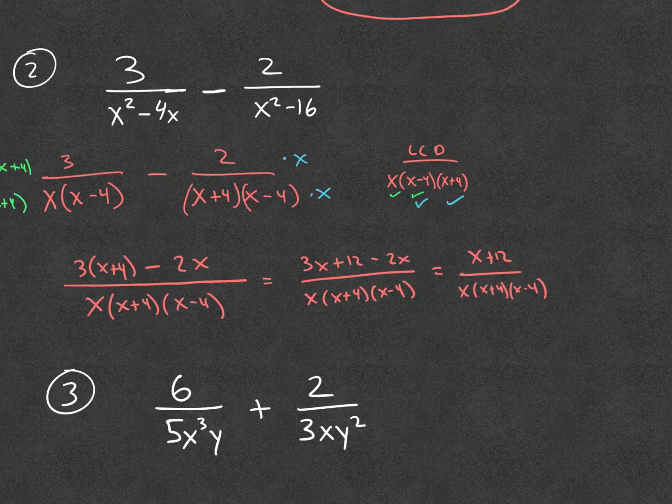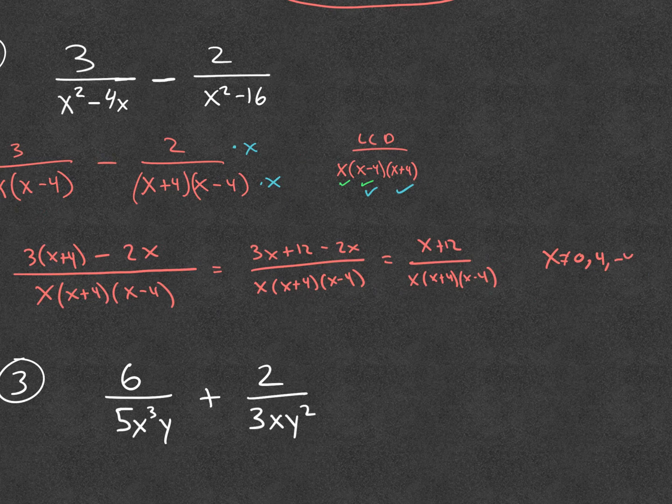We need those restrictions now. x can't be 0, 4, or negative 4. Those would make the denominator equal to 0. So that is our restrictions, and there's our final answer.